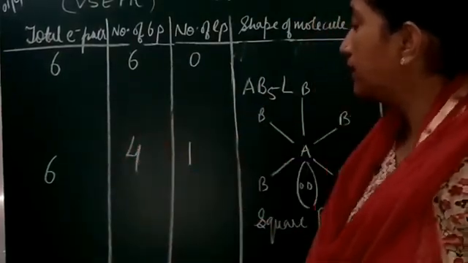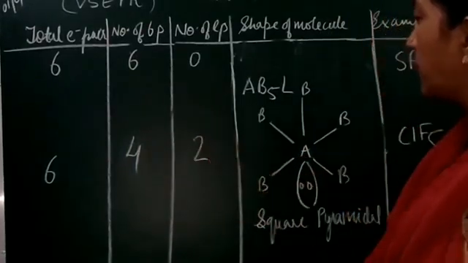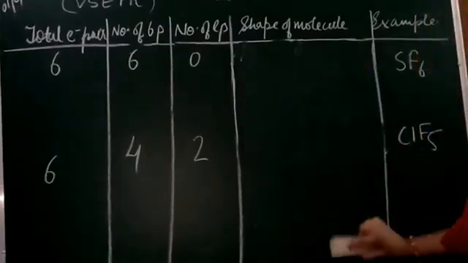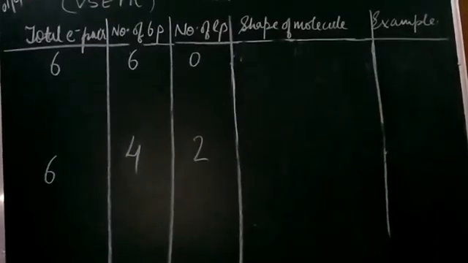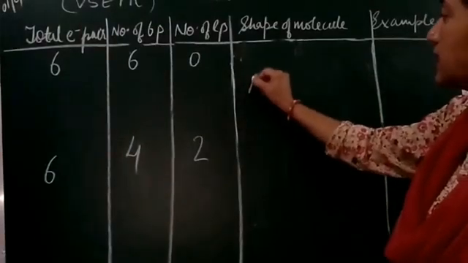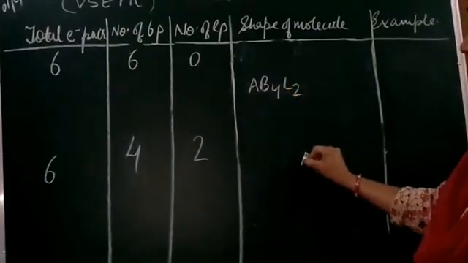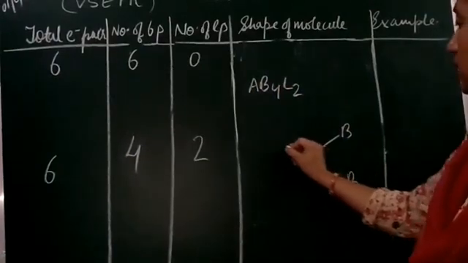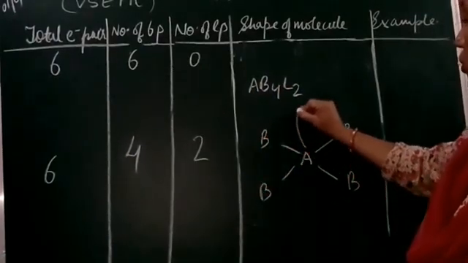4 bond pair and there is 2 lone pair, at that time, what is the expected shape of the molecule? So that time when we have 4 bonds, that is AB4, and it is L2 type. So it is the central atom. We have 4 bonds, and we have 2 lone pairs.